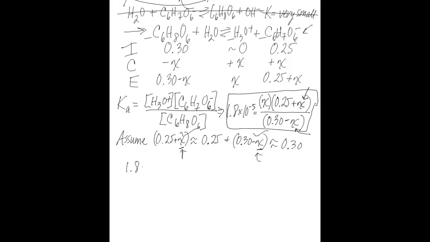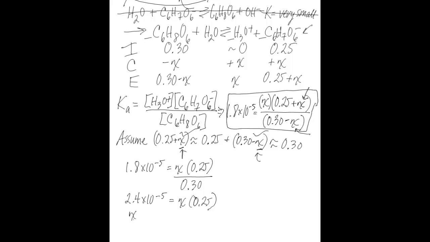So we have 1.8 times 10 to the negative 5 is equal to X times 0.25 divided by 0.30. Multiply both sides by 0.3, and you'll be left with 2.4 times 10 to the negative 5 is equal to X times 0.25.